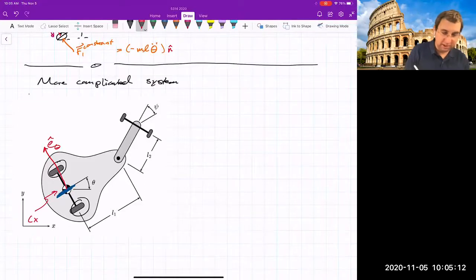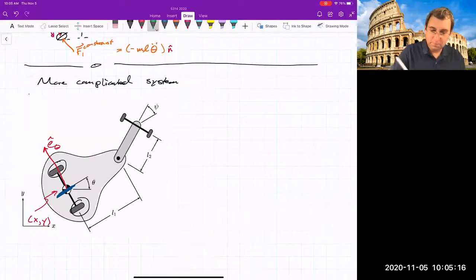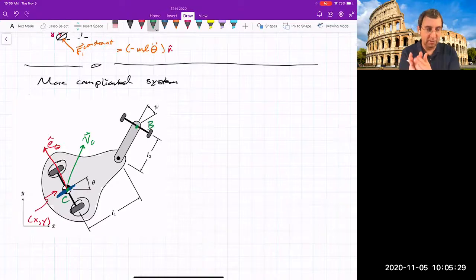So the velocity of that will be x, some unconstrained velocity of the center of mass there. Let's call this point C. We'll call this point B up here. This is where there's another set of wheels.